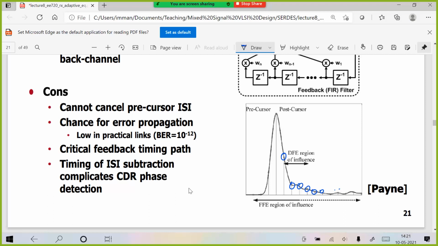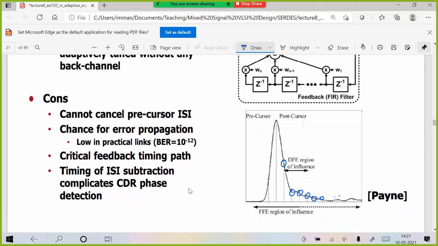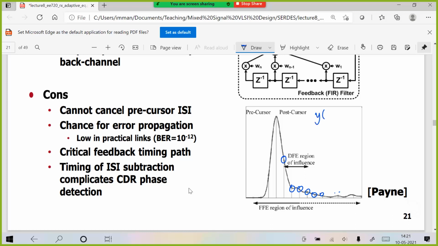So the current bit that you are receiving, let's say y of n, is h0 multiplied by x of n, plus h1 times x of n minus 1, plus h2 times x of n minus 2, plus h3 times x of n minus 3, and so on.